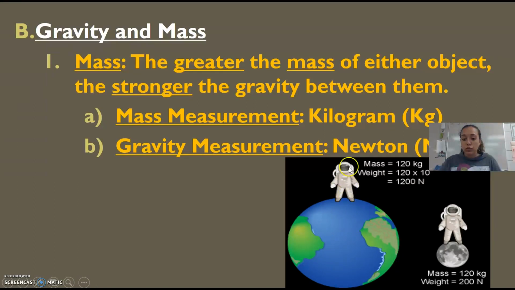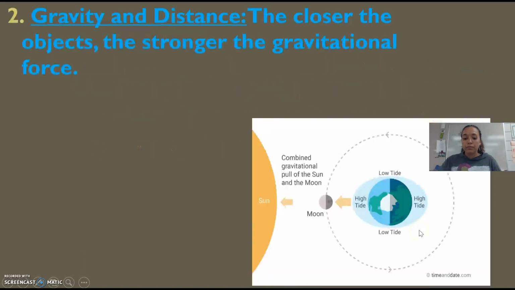So between two objects, you have some sort of gravitational pull. The person that's on Earth will have more of a gravitational weight, 1,200 newtons, versus on the moon only 200 newtons, even though their mass is the same. So both their mass is 120 and 120, but on Earth, there is a greater gravitational weight, 1,200, because your Earth is larger.